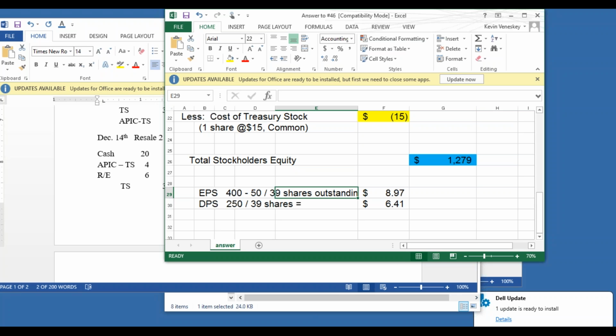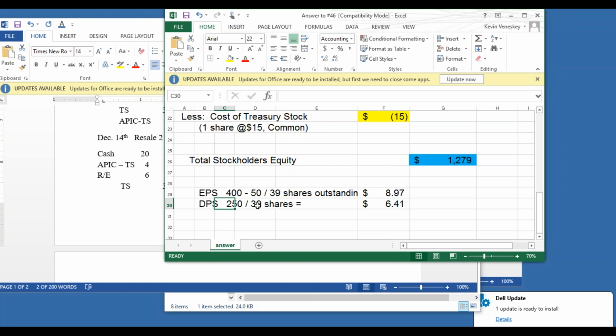So that was 40 shares. But remember, it's outstanding shares. We still have one share that's kept back that we haven't resold yet. So that knocks us back down to 39 shares outstanding. So take this 350 and divide it by 39, and you're going to get $8.97, best case scenario, per common stock share.